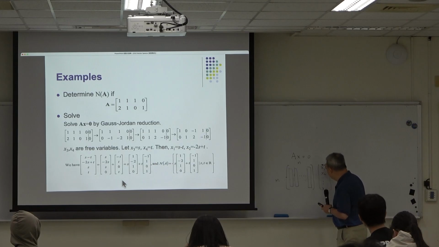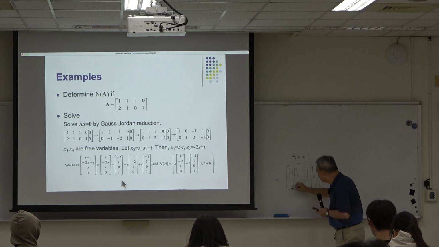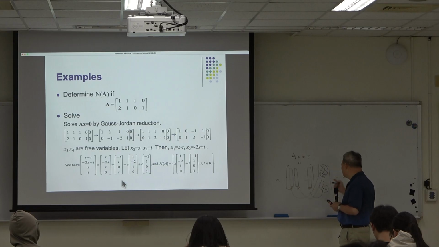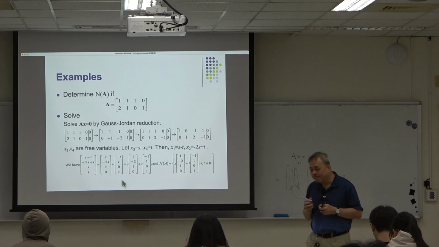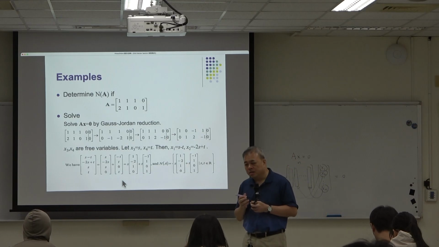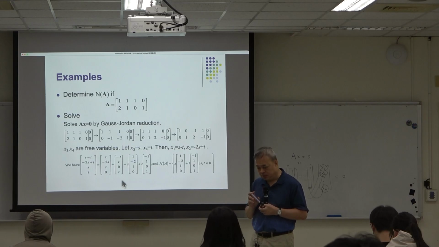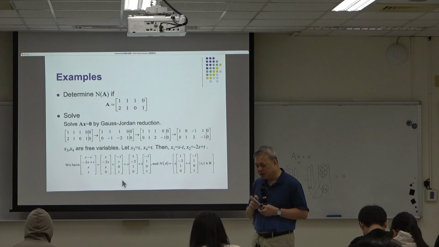It means x1 times the first column plus x2 times the second column plus and so on plus xn times the nth column. We add up these columns to be 0. This is another way to understand it.